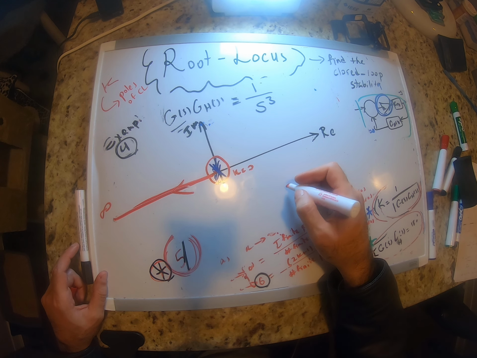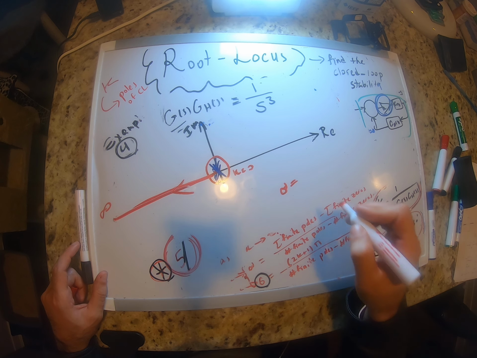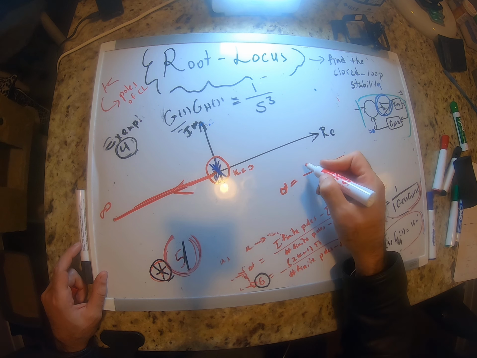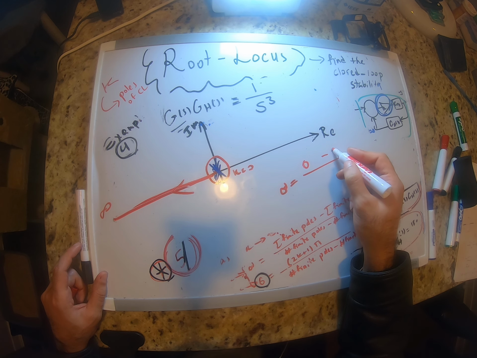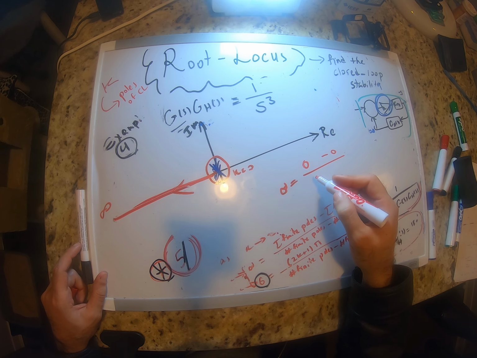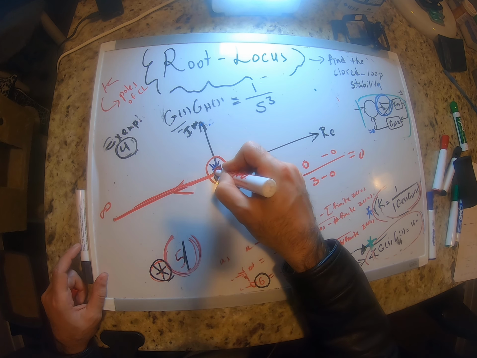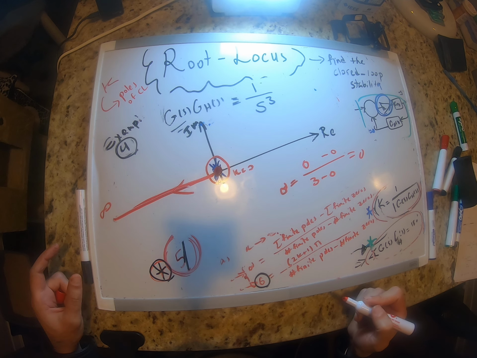So let's look at sigma, the summation of finite poles, that's 0. There's no finite 0, and this is going to be 3 minus 0. So the branching happens exactly here.